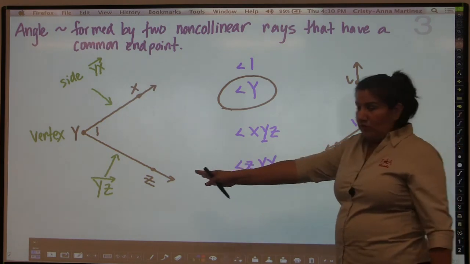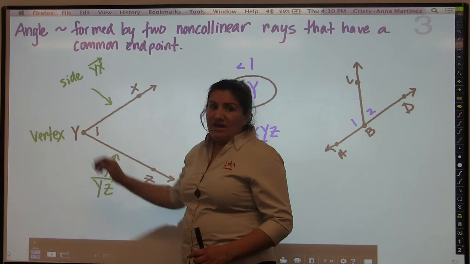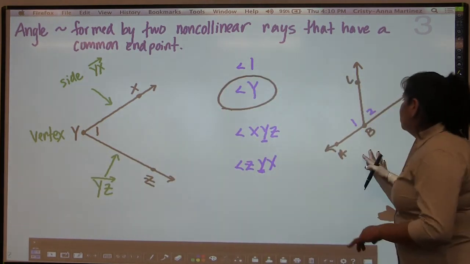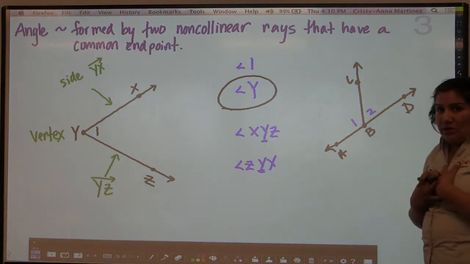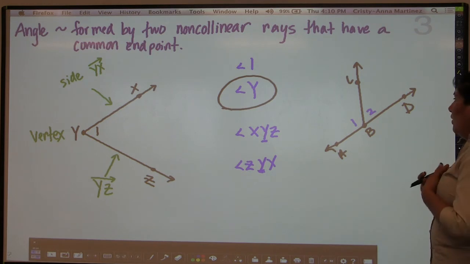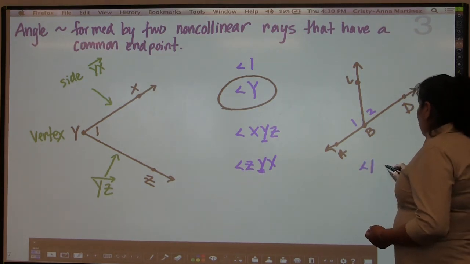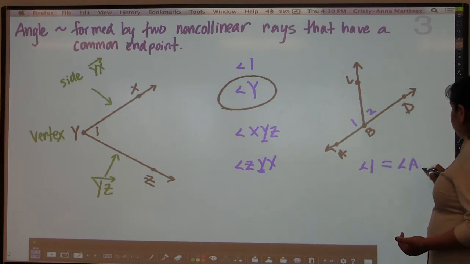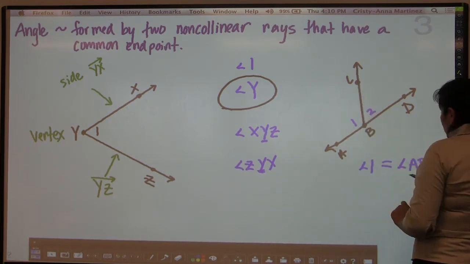That is not the case over here where you only have 1 angle coming off of that vertex. In that case, it's totally okay to call it angle Y. But in the case of having 2 angles at the same vertex, when you say angle B, it's not going to be clear to me, or anyone for that matter, which angle you're referring to. So at that point, the only way to name angle 1 would be to name it angle ABC, where B is in the middle because it's the vertex, or you could name it CBA.